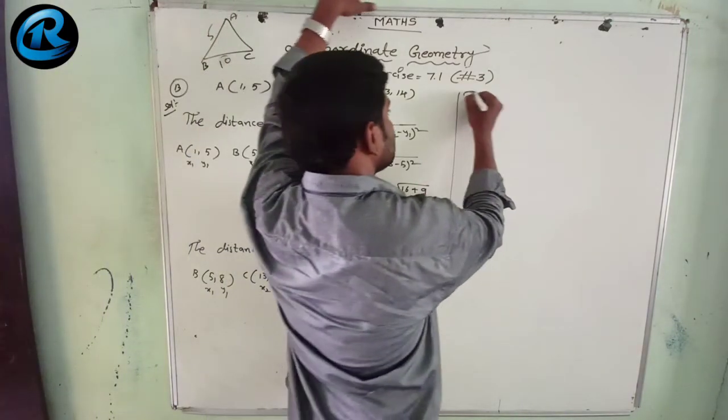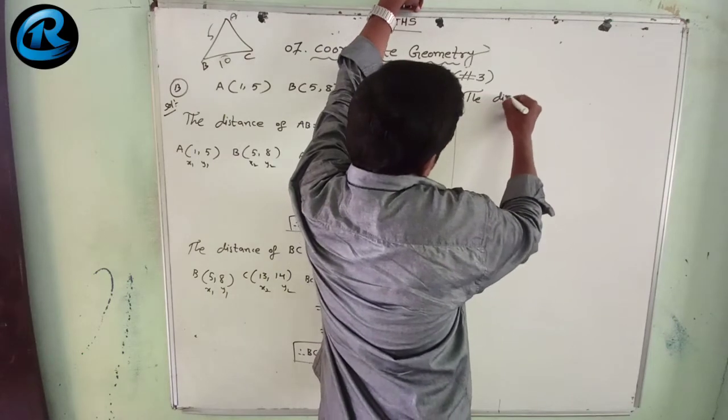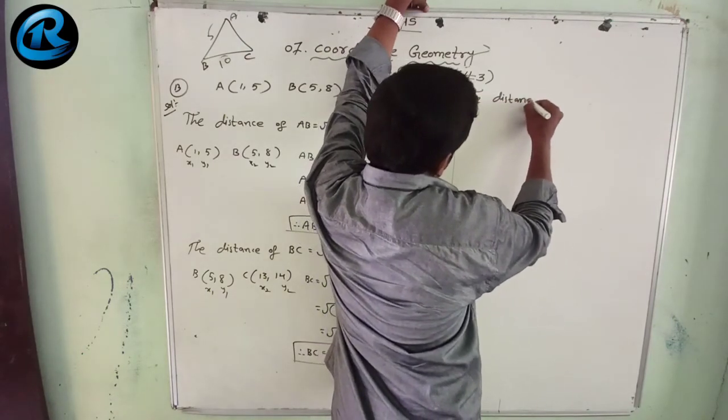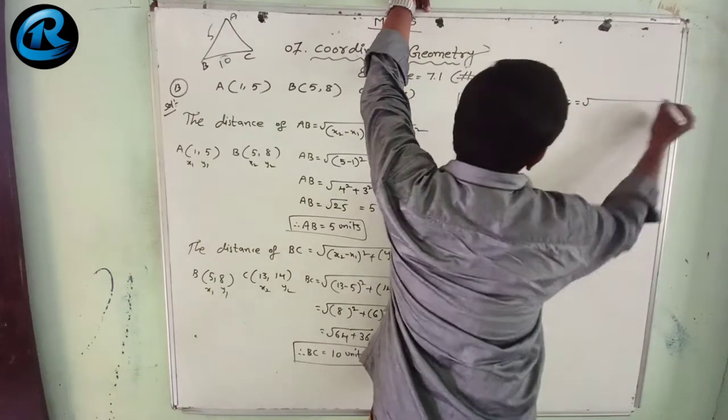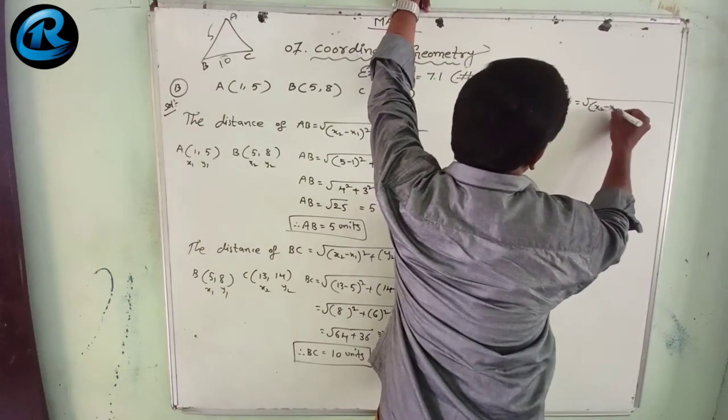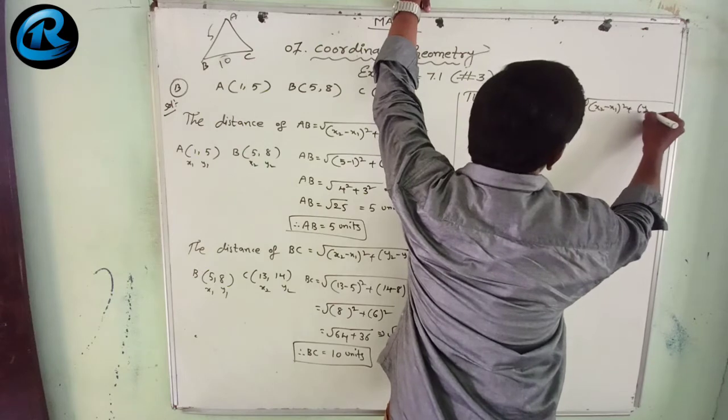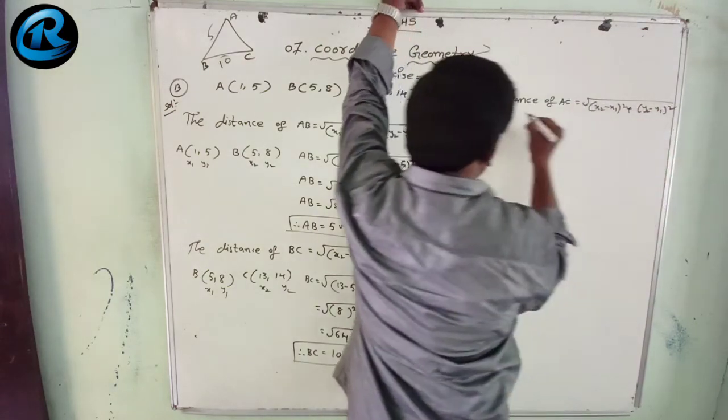The distance of AC is the square root of (x2 minus x1) whole square plus (y2 minus y1) whole square.